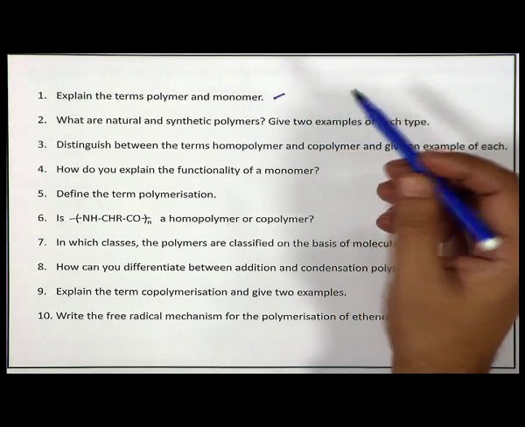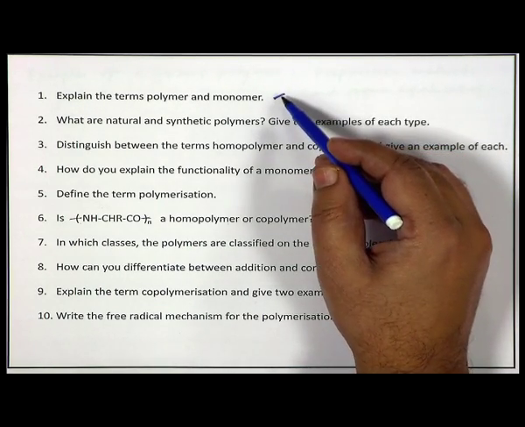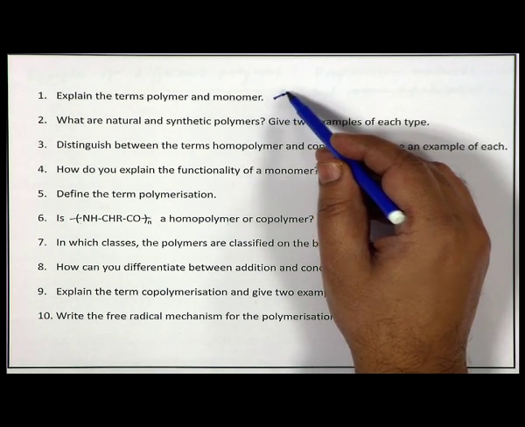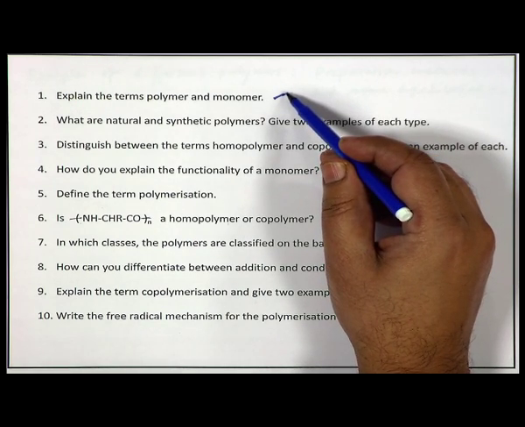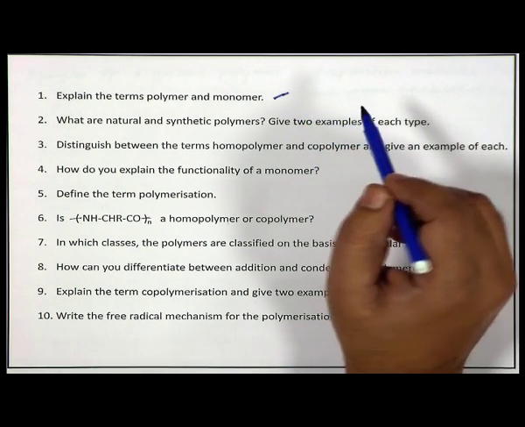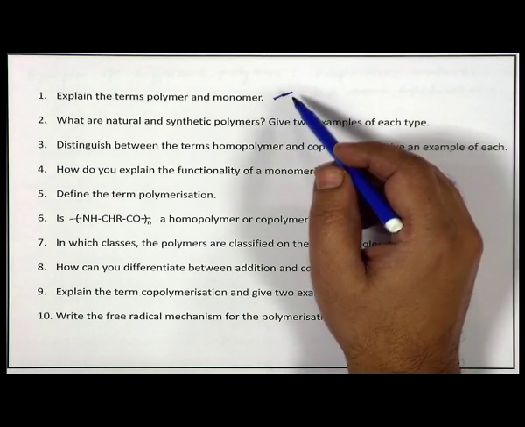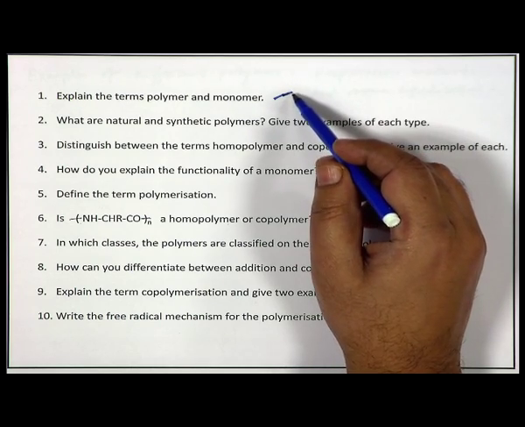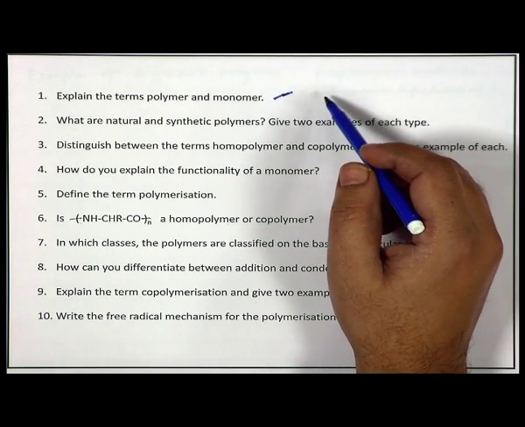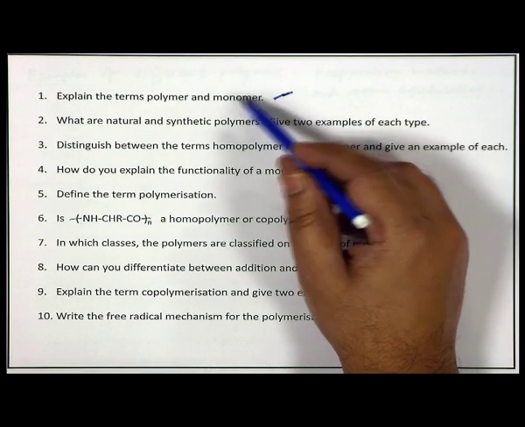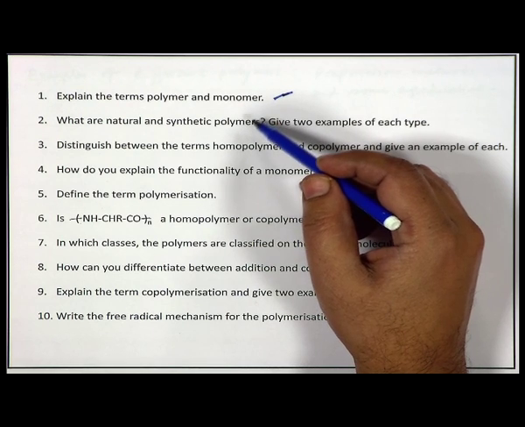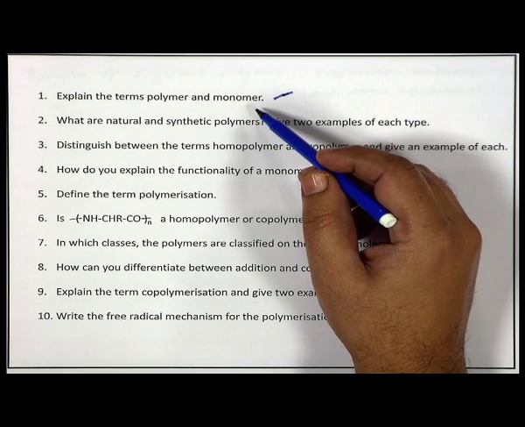Now, we discussed in the beginning that polymers are macromolecules formed from many units which are covalently linked. Covalently linked is the catchword. So, when many units are linked covalently to form a large molecule, we call it a polymer, and the units, formed from one or more than one molecules, are called monomers.